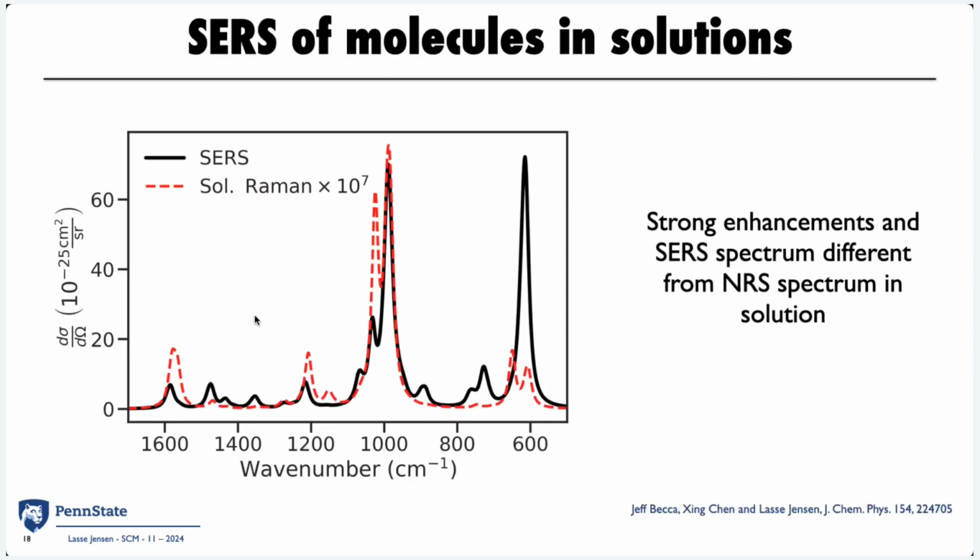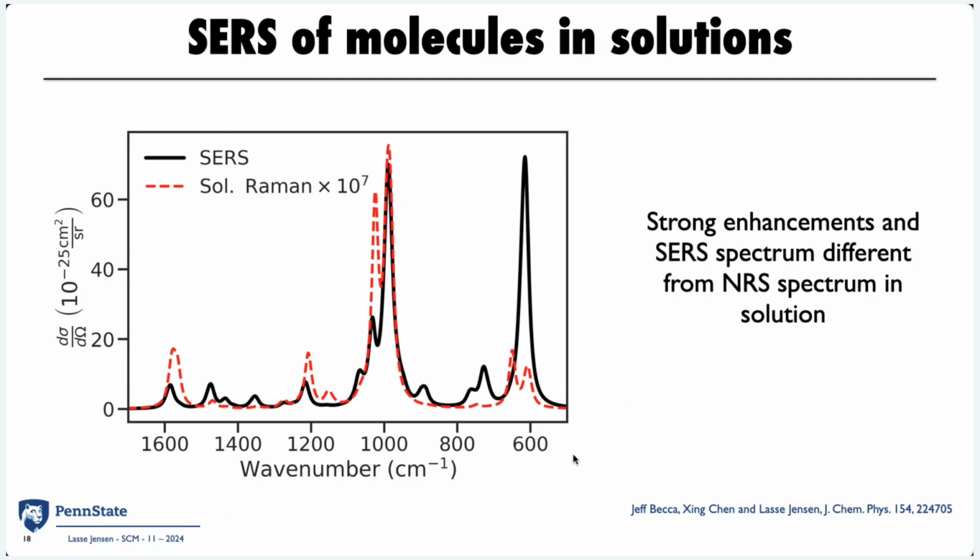But once we've done that, then we can actually simulate spectra that are now averaged over many different conformations of molecules. In this case, we average over about 25 to 50. So what you see in black is the spectrum of the molecules in solution, and in red you see the spectrum from a single Raman molecule inside this, multiplied with 10 to the 7.